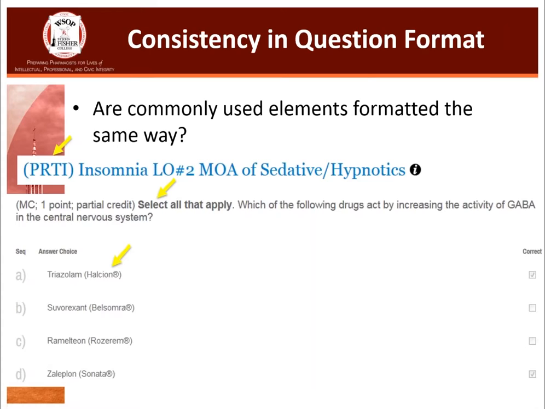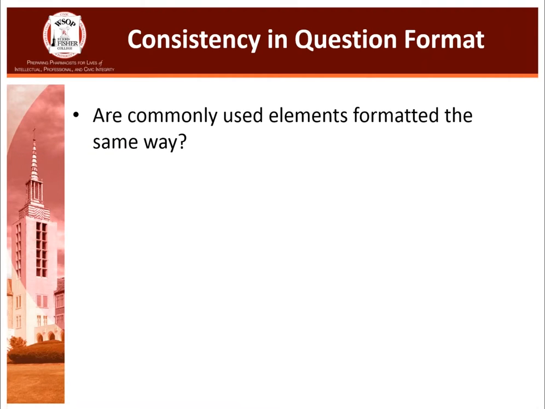Making sure that the brand name is capitalized and we use the registered trademark symbol indicates to the student that that is the brand name, in addition to it being the appropriate way to represent the name. If all the courses are using that same formatting those elements the same way, again, it's reducing confusion on the student's end.